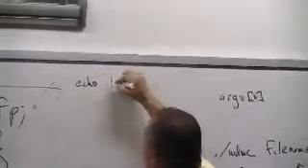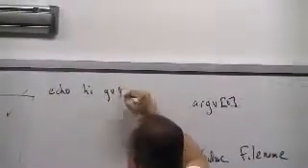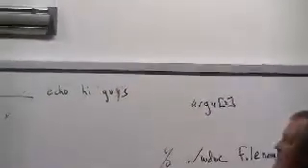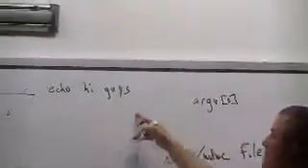Now, what delimits each element? A space. In the Unix command line, spaces delimit arguments. So if I said echo hi guys, how many total command line arguments are there?